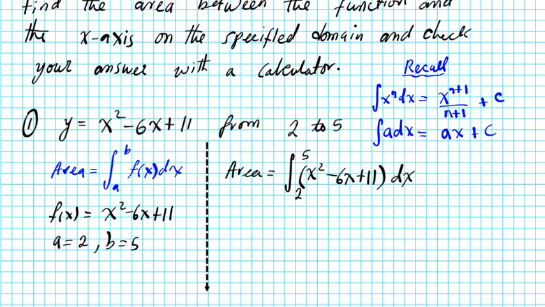Okay? Alright, since we have a definite integral here, we're going to have a positive and negative c, so that will cancel out and it's going to be applicable in this scenario. So let's go ahead and integrate every single term. So we have the integral of x squared is x to the third over 3 minus the integral of 6x is 6x squared over 2 plus the integral of 11 is 11x by applying these rules here.